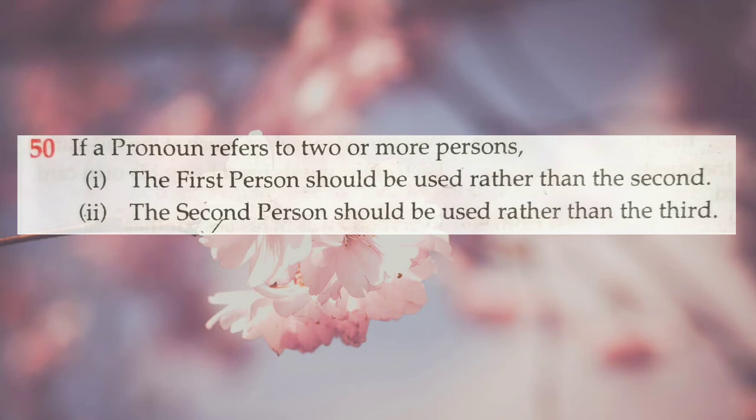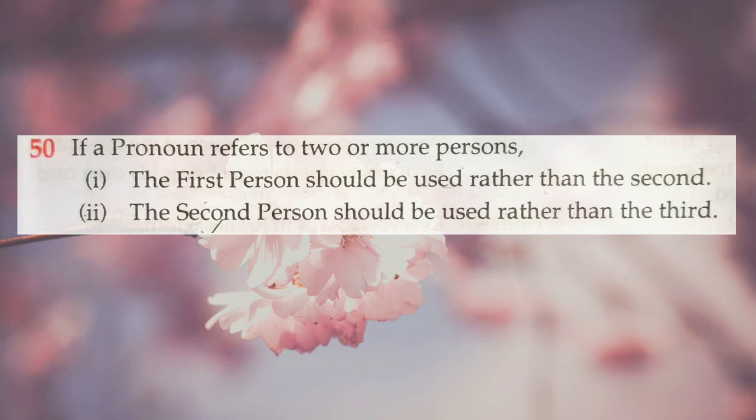Rule number 50 says if a pronoun refers to two or more persons, this is what you should follow. Number one, the first person should be used rather than the second person, and the second person should be used rather than the third person. What does it mean? It means in the subject, when we have two different pronouns, you have to use the lowest one and choose the pronoun for that.